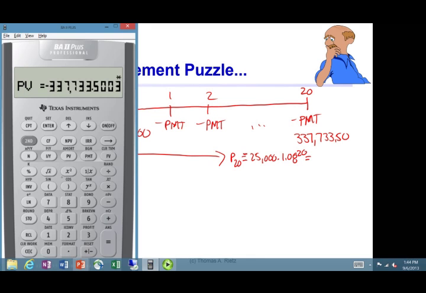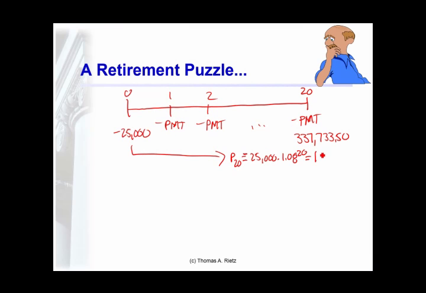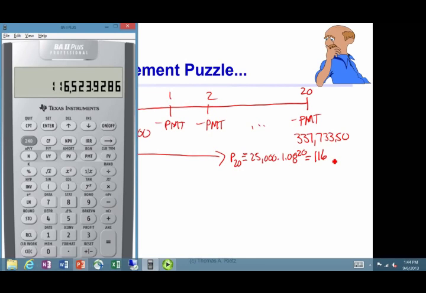Actually, for a second I'm going to store this number. Store 1. So 25,000, 8%, 20 years. That's going to grow to 116,520.393.